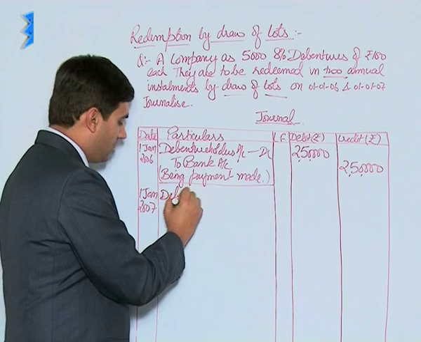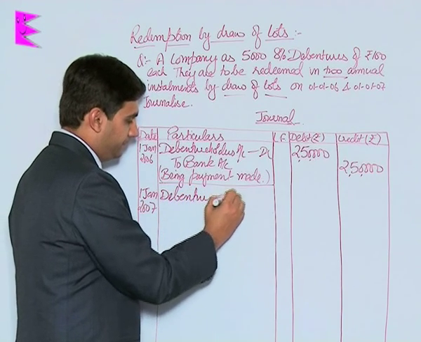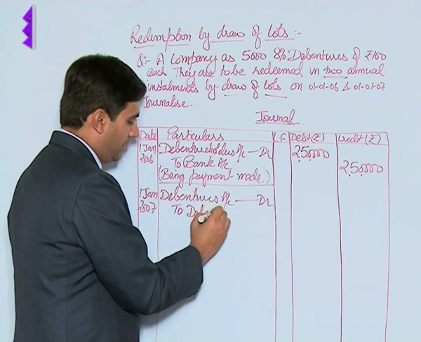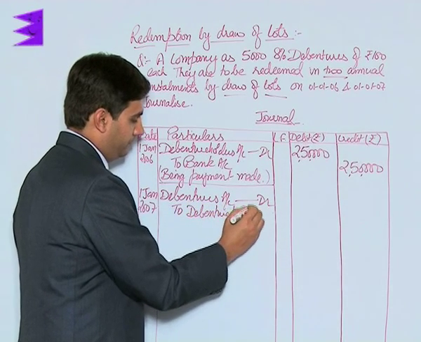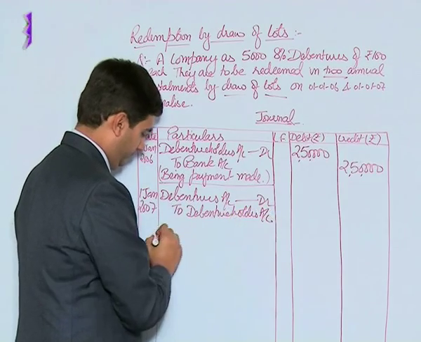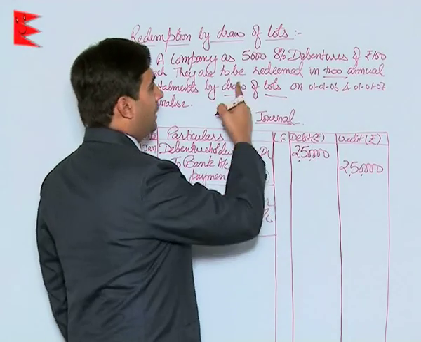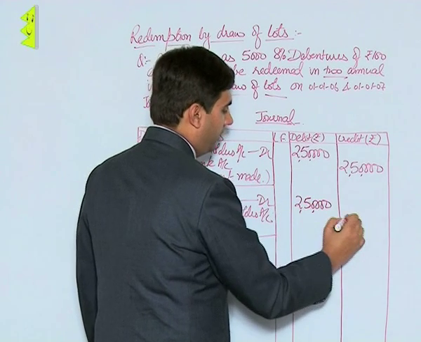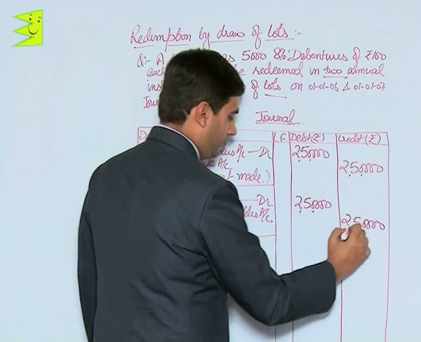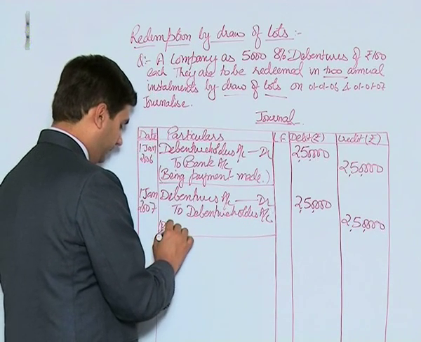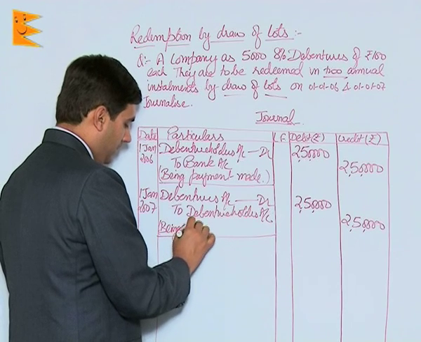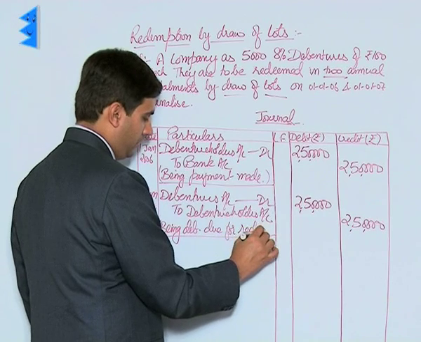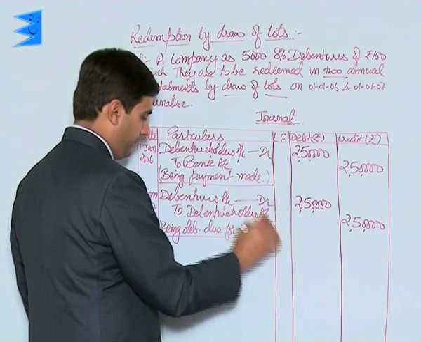The entry would be debentures account debited to debenture holders account. The amount would be 2,500 debentures into 100, 2,50,000, being debentures due for redemption.